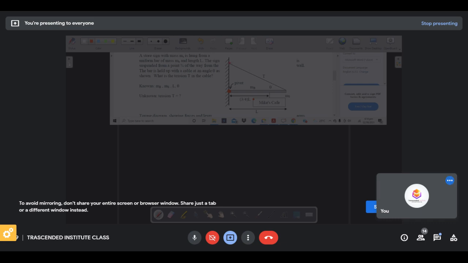So when you resolve this tension into its x and y components, what are you going to see? There is a tension putting it upwards. There's also the one in the x direction putting it to the left. Another force is the weight of the bar, which is acting downwards. Then also the weight of the sign itself is acting downwards. Any other force that you're able to identify?